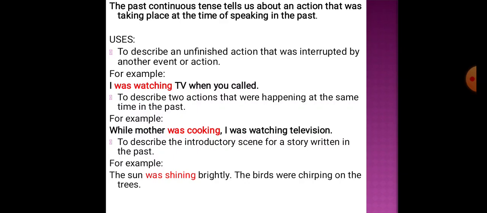Then it is also used to describe the introductory scene for a story written in the past. For example, the sun was shining brightly. The birds were chirping on the trees.